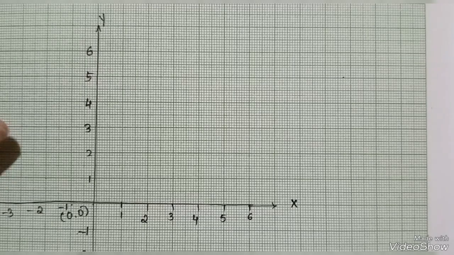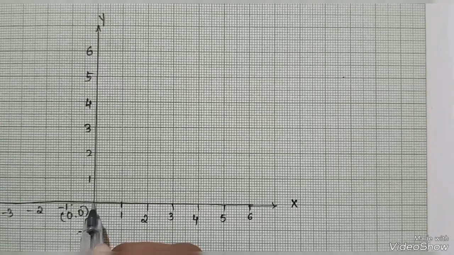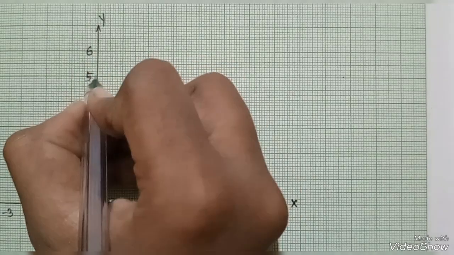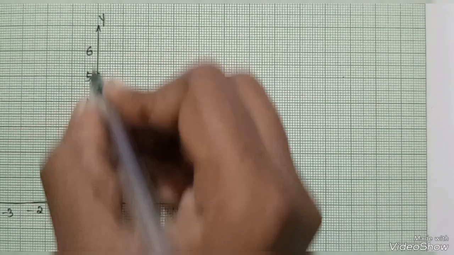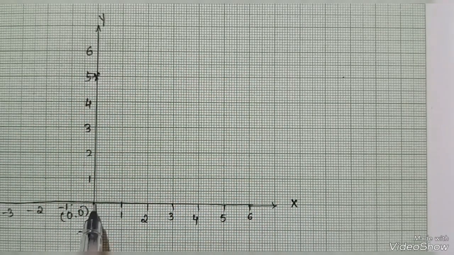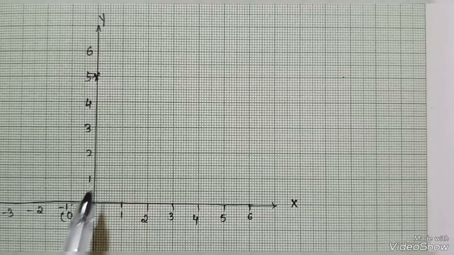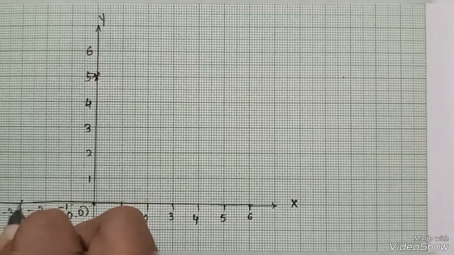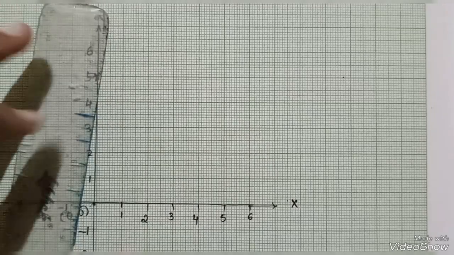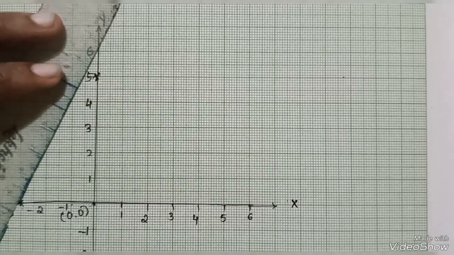Okay, now we have to draw. When x is equal to 0, y is 5. So the point is taken here. When y is equal to 0, x is at minus 2.5. Here I am taking and drawing the graph now.